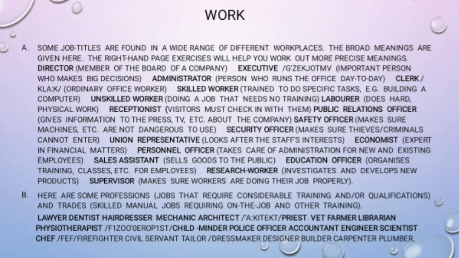Selanjutnya yaitu petugas keamanan, membuat pencuri atau penjahat tidak dapat masuk. Lalu ada perwakilan union, terlihat setelah kepentingan staf. Ekonom, seperti pakar dalam urusan keuangan. Petugas personil, mengurus administrasi untuk karyawan baru. Lalu ada supervisor, yaitu menyelidiki dan mengembangkan produk baru. Di sini jenis-jenis pekerjaan di tempat kerja.